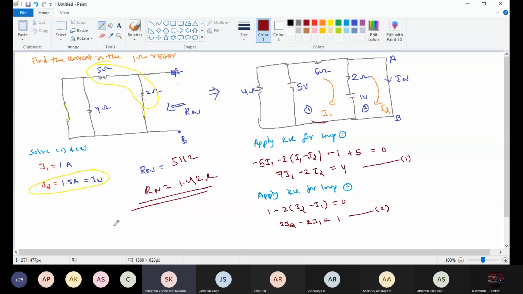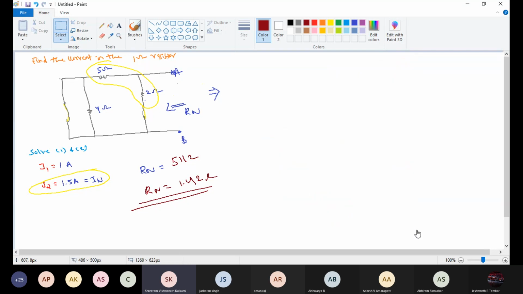Okay, next step, need to draw an equivalent circuit for the Norton equivalent circuit. See here, we found the IN, then we found Rn, that is the parallel resistance. Then we need to replace that 1 ohm, that is RL.